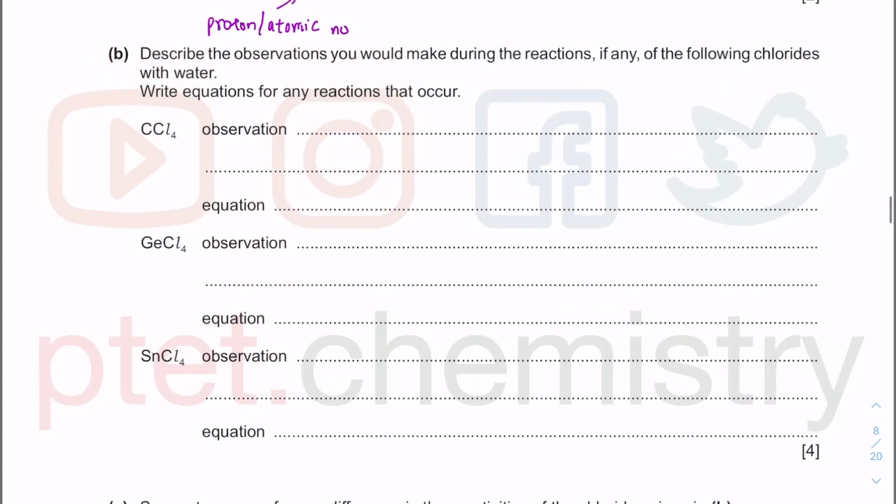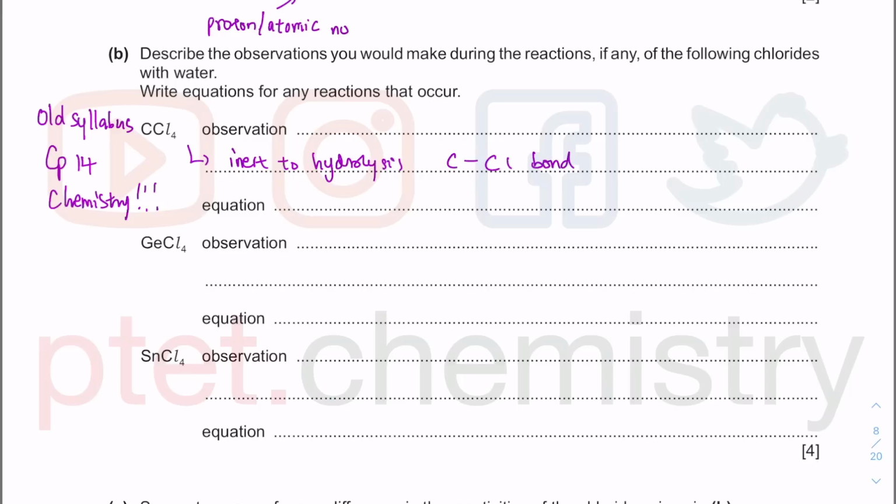In terms of this next part of the question, I don't think you need to learn about them. They are from the old syllabus prior to 2016. This was the group 14 chemistry that they would have learned previously. But the CCl4 is basically inert to hydrolysis, as the CCl bond is the longest out of the 3. It's the shortest out of the 3 actually, because of the small size of carbon.